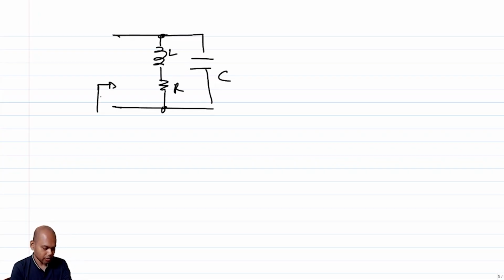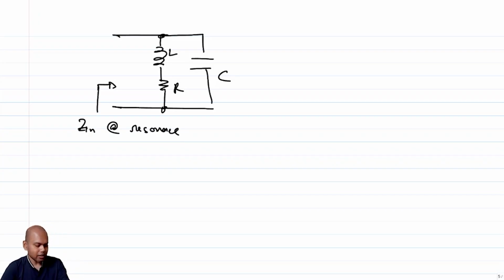So what is Zin at resonance? Clearly Zin is not infinite at resonance, because it's not just an L and C in parallel, and also there is an R, right? So how do I go about solving this? One way to solve this by brute force is to find Zin for this and set the imaginary part to 0, and whatever I get is the impedance at resonance.